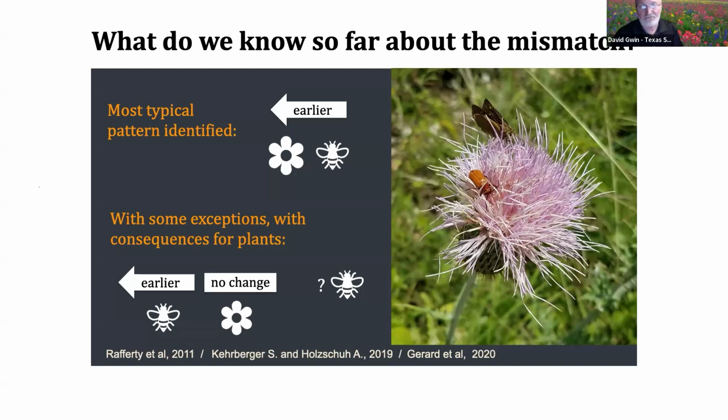For instance, if the flower is blooming earlier and the insect's there to take advantage of it, we know that's good for the flower or the plant, but we don't know what that means for the insect or the pollinator that came to pollinate it. And so as we start to understand this project and collect data to support it, we hope to better understand that mismatch, okay?